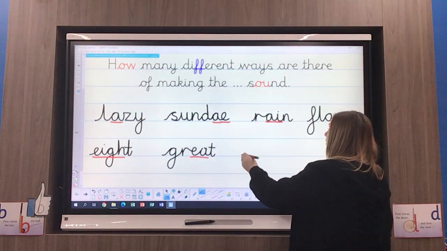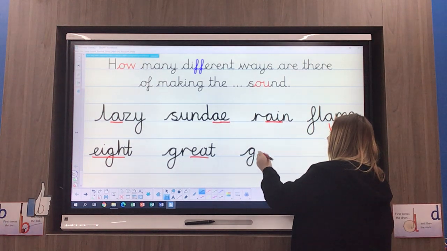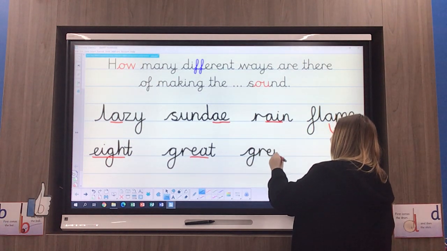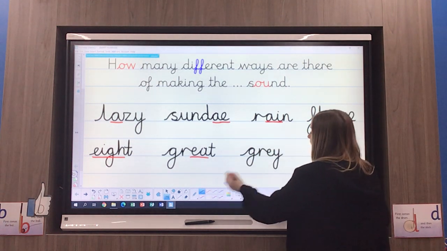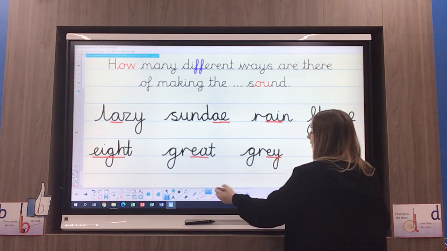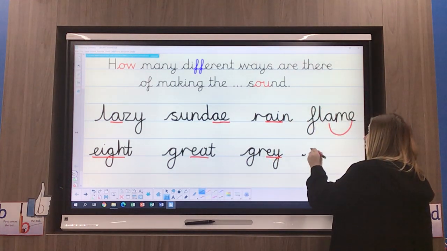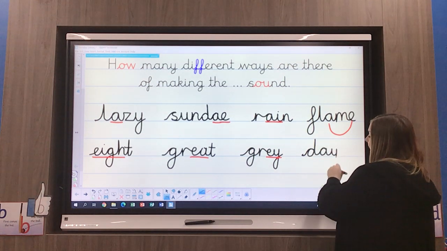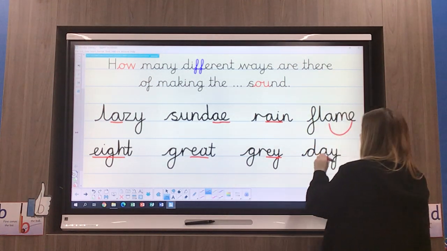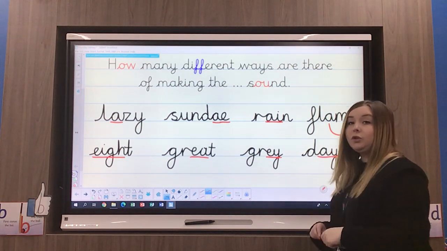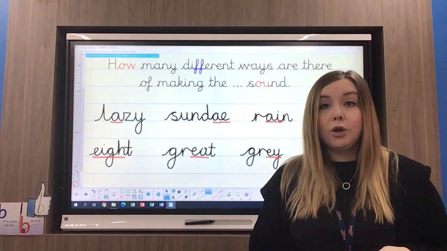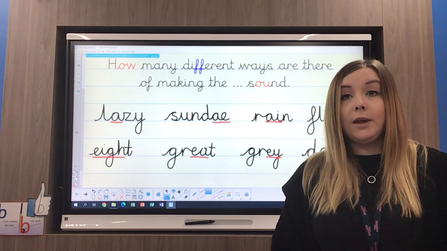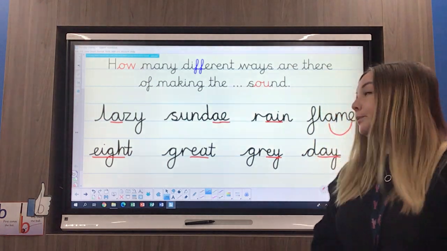After great, we've got the colour grey, which uses our y, and then we've got day, which is our y sound. Well done if you were able to use the correct A sound in all of those words.